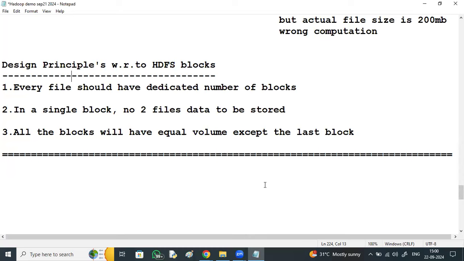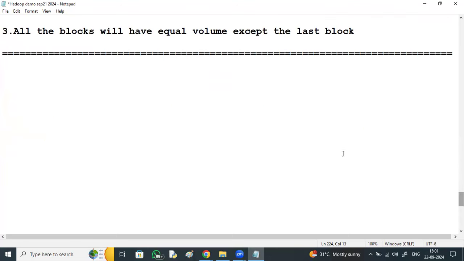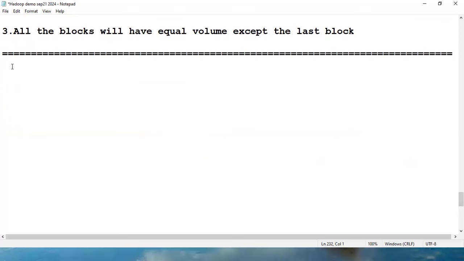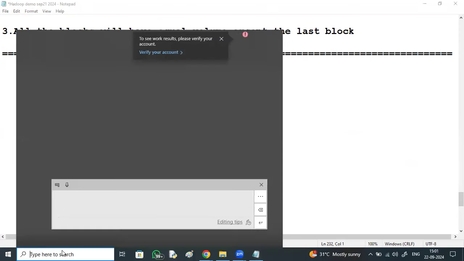In that, only one will be acting as the master, and all the remaining nodes are the slave nodes, the worker nodes. Next, I'm going to discuss 3 cases now.